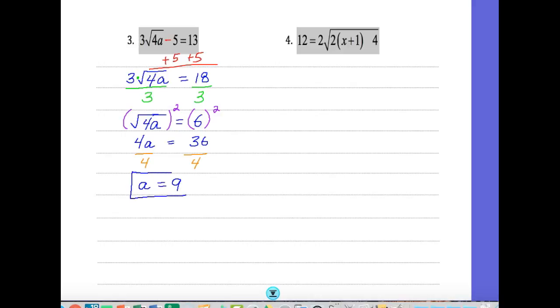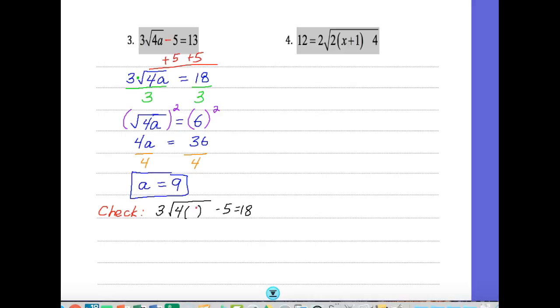Based on our last example, definitely check this. You definitely want to check your solutions here. So let's go ahead and do that. We're going to have 3 times the square root of 4 times our a value, minus 5, and does that equal 18? That's what we're checking.